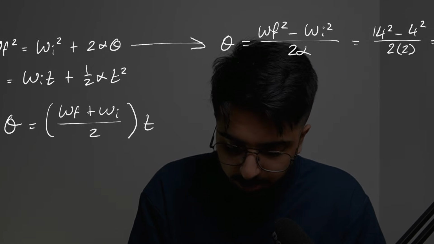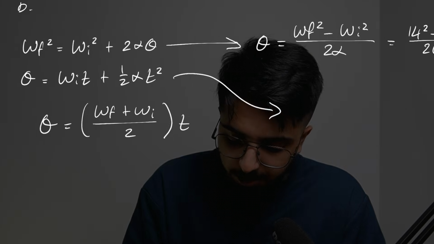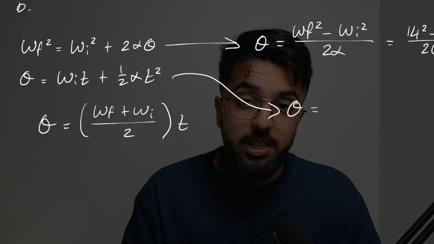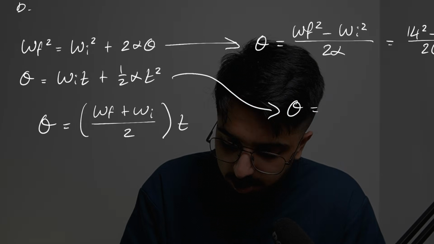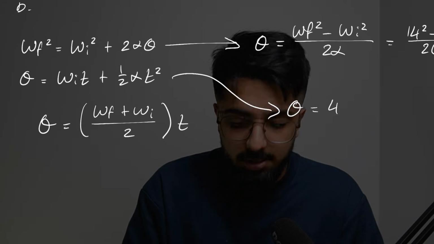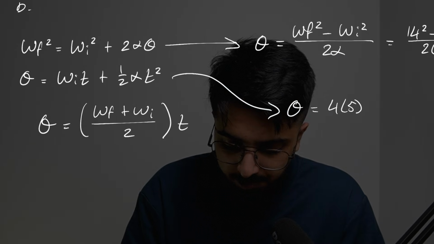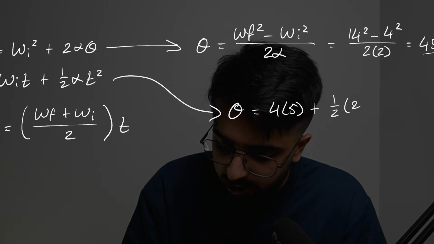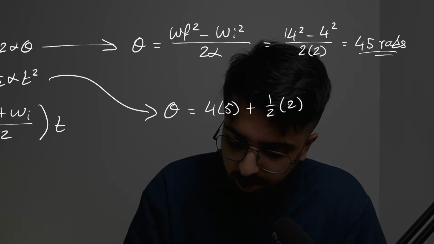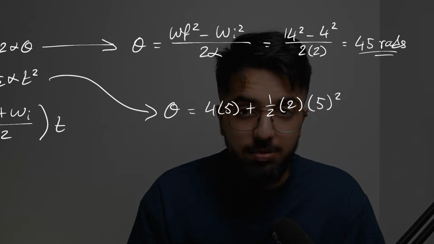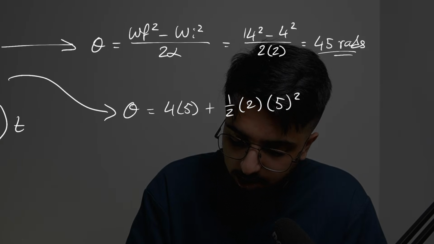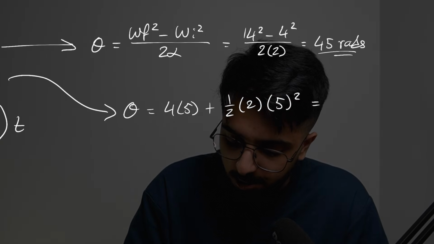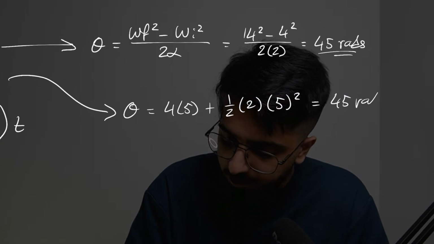And so for this equation right here, our theta is equal to our initial angular velocity, which we know is 4, times our time, which was 5 seconds, plus half times our angular acceleration, which was 2, times our time squared, which was 5 seconds squared. Plugging that into our calculator, we indeed get a value of 45 radians.